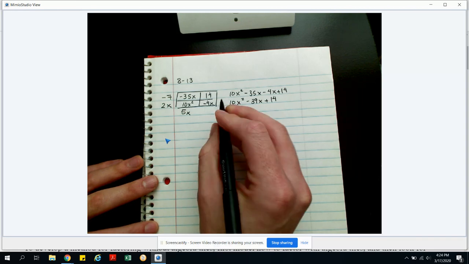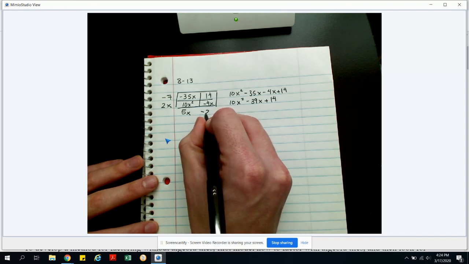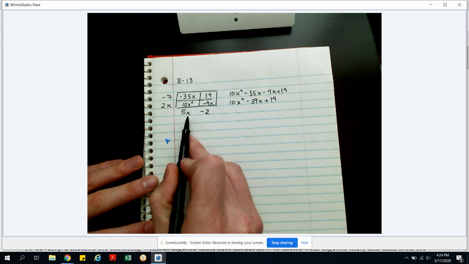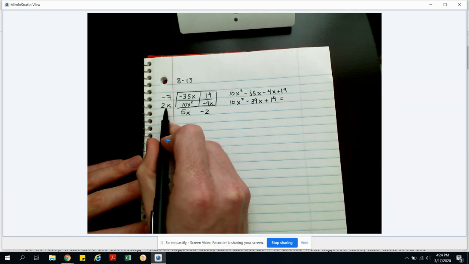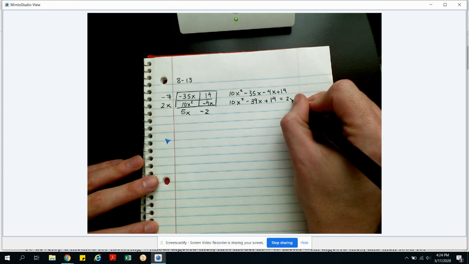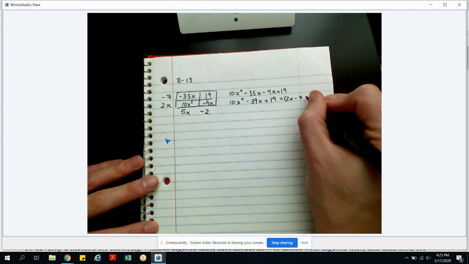Negative 4 and 14, I can factor out a negative 2. So to write this as a product, I have 2x minus 7 and 5x minus 2.